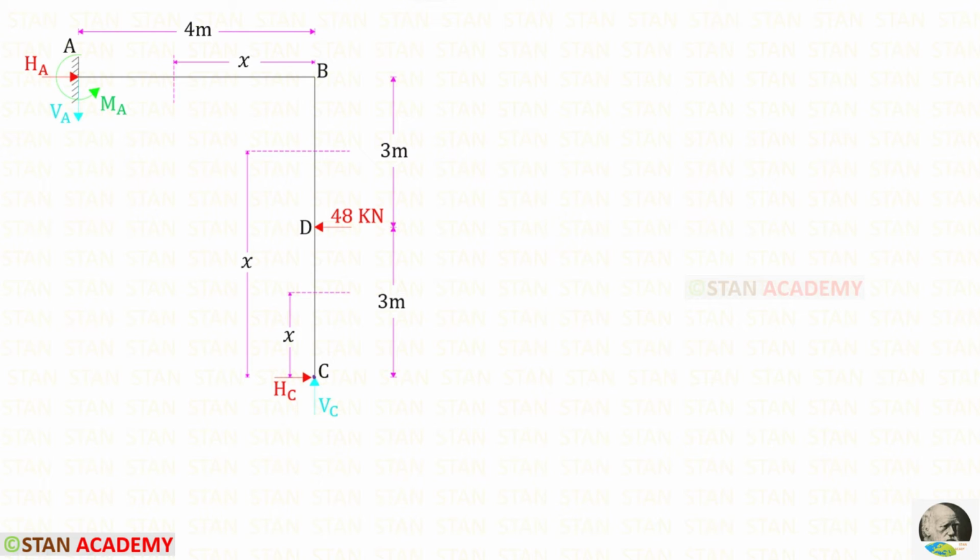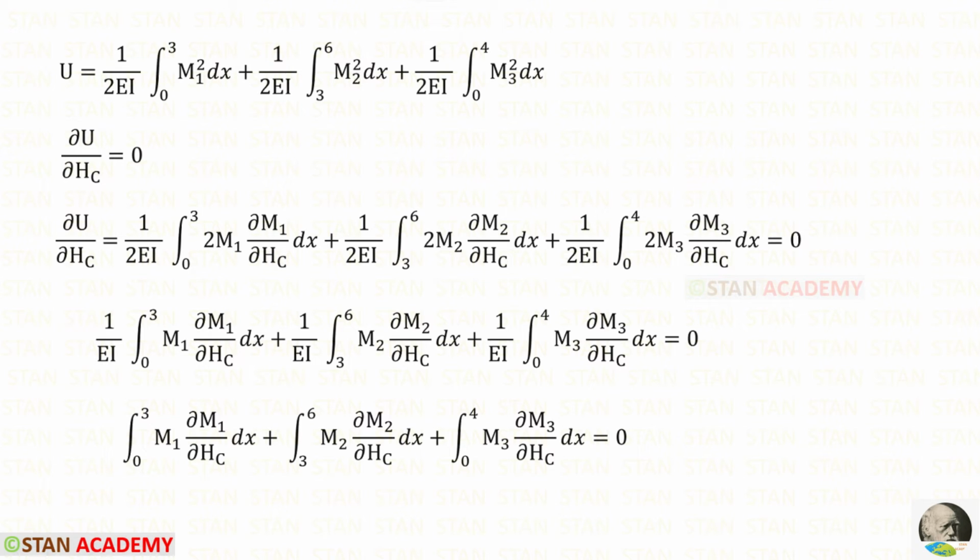In the point C, we have horizontal reaction HC, so the horizontal deflection will be 0. When we partially differentiate the strain energy U with respect to HC, we will get the horizontal deflection in the point C, which is 0. Let us partially differentiate U with respect to HC. When we partially differentiate M1 square with respect to HC, we will get this. When we partially differentiate M2 square with respect to HC, we will get this.